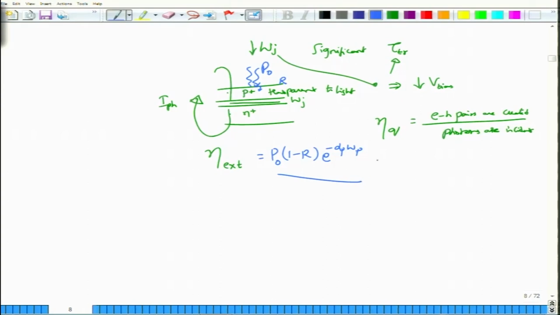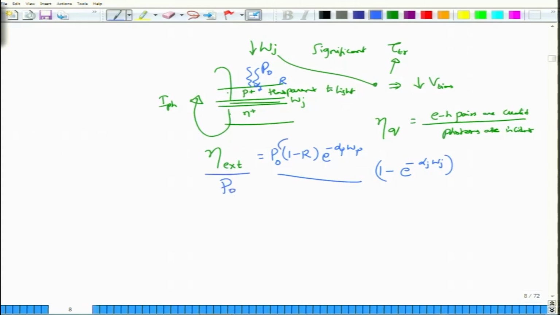But at the junction, if it is an absorptive type of junction, then e to the power minus alpha j Wj would be the absorption, but 1 minus this is the actual thing that is transmitted. So you see that there are 3 factors over here which determine the quantum efficiency. Of course, this is to be divided by P0.